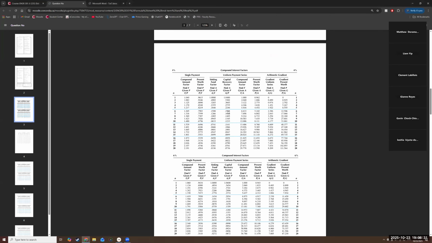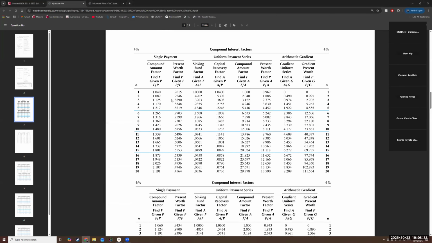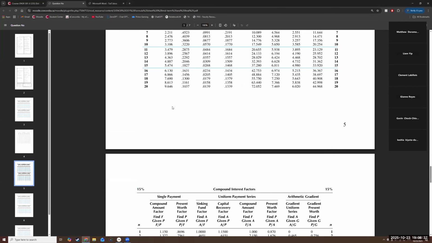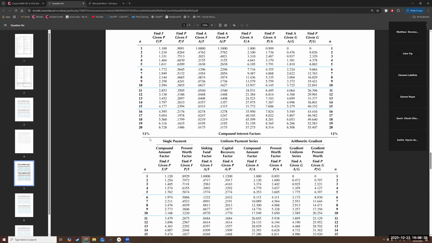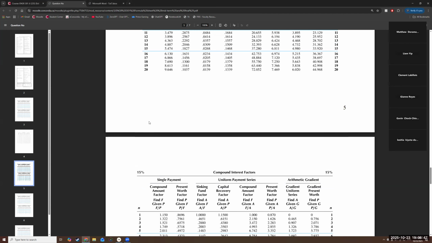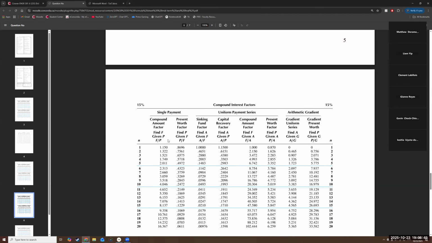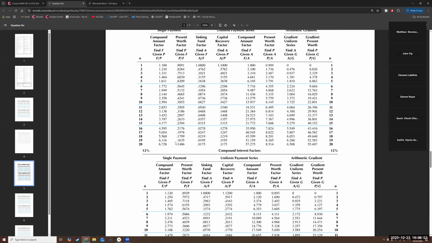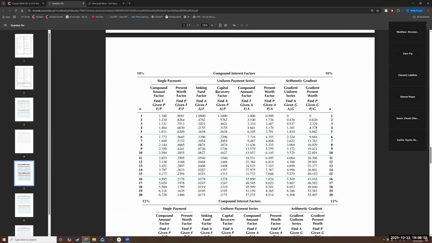So we will find the table at the top left, it says the interest rate. So find the table that represents 12%. It's over here. And the 30th period. So this table only goes until the 20th period.